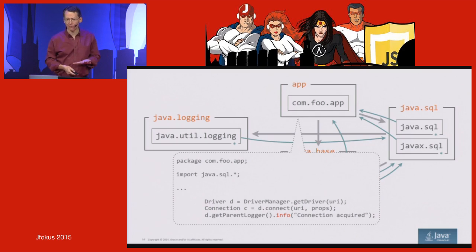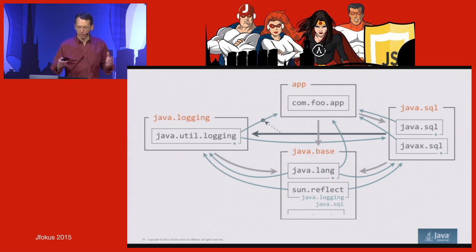So instead, what we have is a way of saying a module's definition can say that SQL depends on logging, and by the way, any module that depends on SQL also automatically depends on logging. So it gets all of the logging types and doesn't have to declare another dependence. So that's more of a convenience than a strict requirement, but it's very, very convenient, so we think it's worth having.